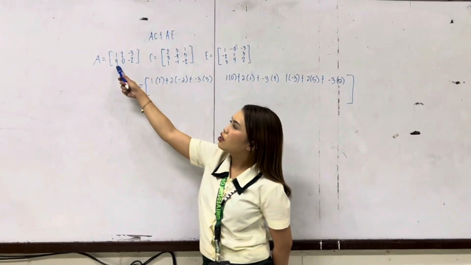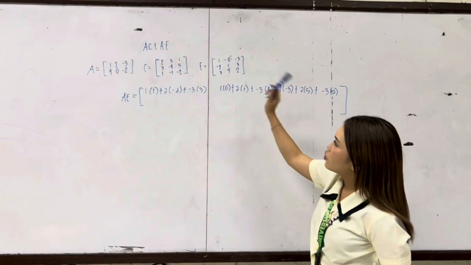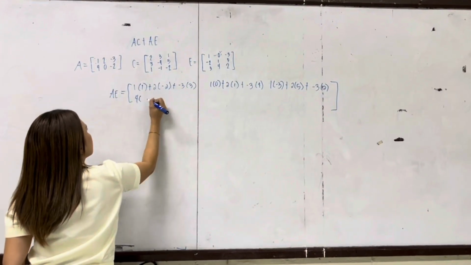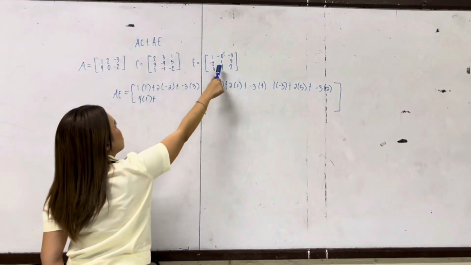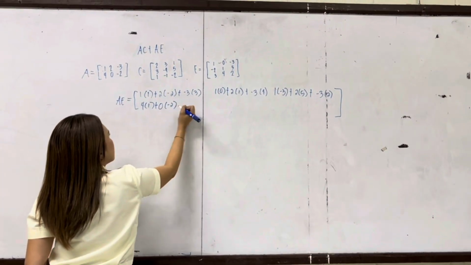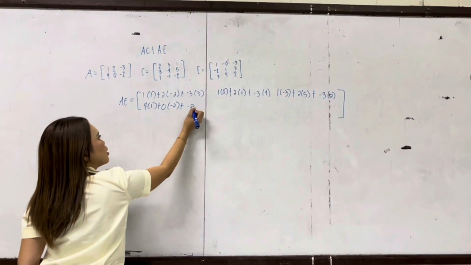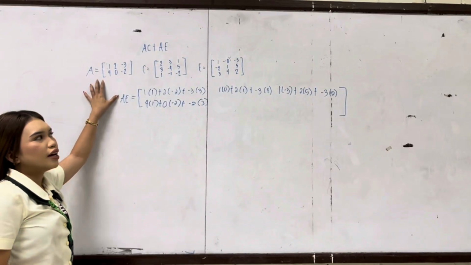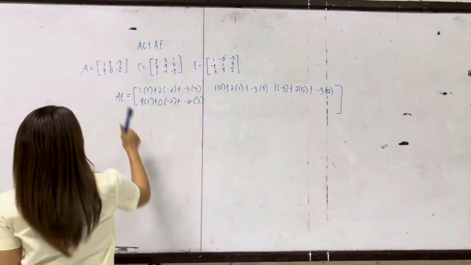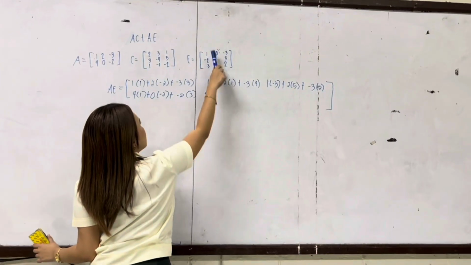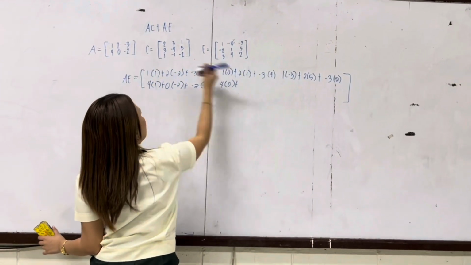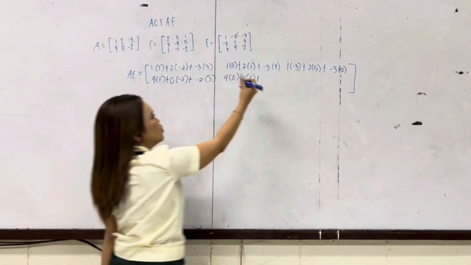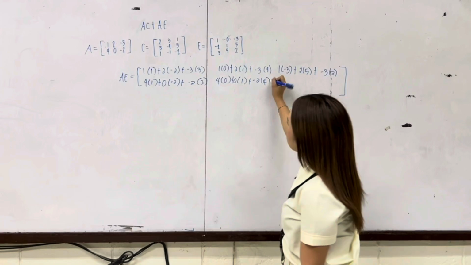Next, the second row of A to the first column of E. So 4 times 1 plus 0 times negative 2 plus negative 2 times 3. Next, still the second row of A, the second column of E. So 4 times 0 plus 0 times 1 plus negative 2 times 4.